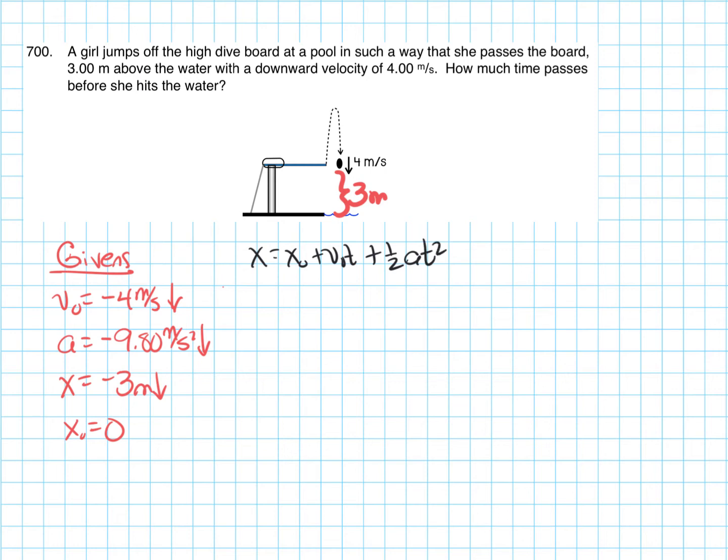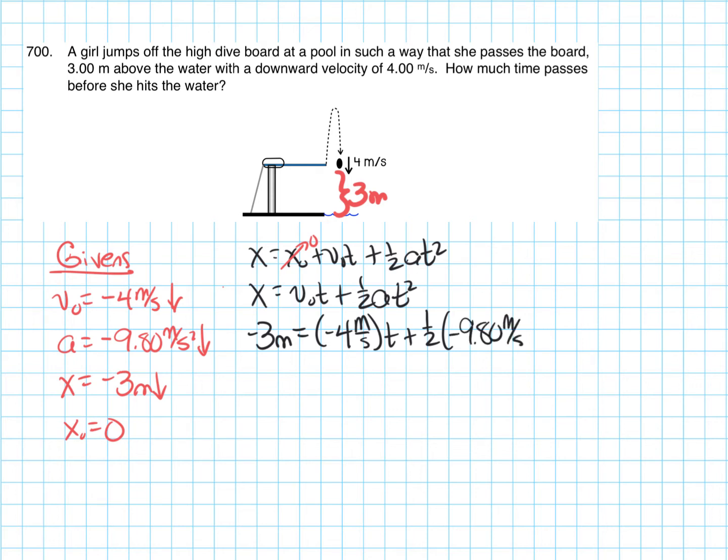All right, and when I do this, I know that x naught is going to be equal to 0. So really this is x is equal to v naught t plus 1/2 the acceleration times the time squared. All right, so let's put some numbers and units in. Negative 3 meters is equal to the initial velocity, which is negative 4 meters per second, times the time, that's my unknown, plus 1/2 times negative 9.80 meters per second squared times the time squared.